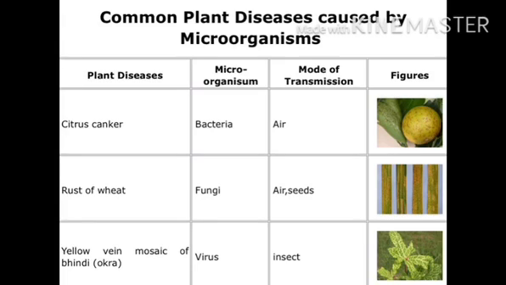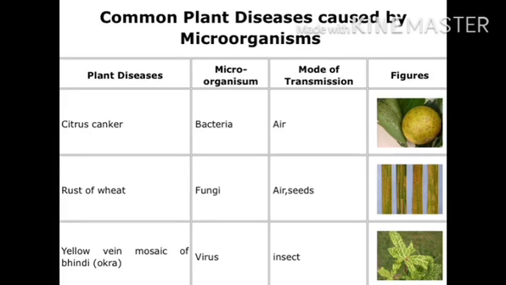The microorganism causing the disease is fungi and the mode of transmission is air and seeds. Next plant disease is blast. Crop affected is paddy, rice. The microorganism causing the disease is fungi. Mode of transmission is air and rain.